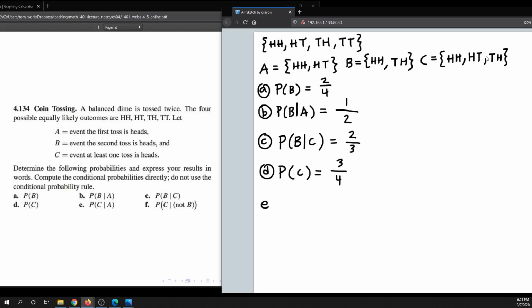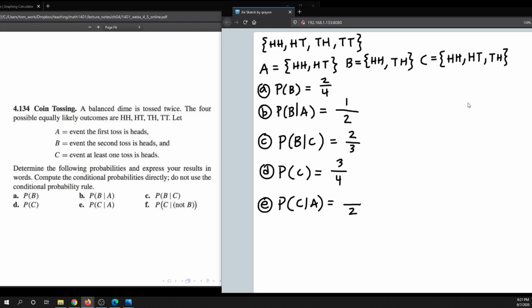All right, part E. They want to know what's the probability of C given A, right? So that is a conditional probability. So our sample space now is A, right? We assume that event A has happened, so either one of these 2 things is what occurred. So the size of our sample space is now 2.